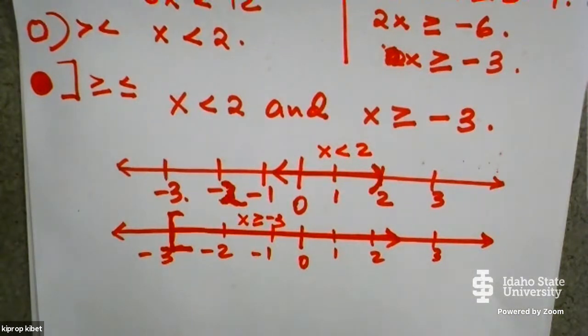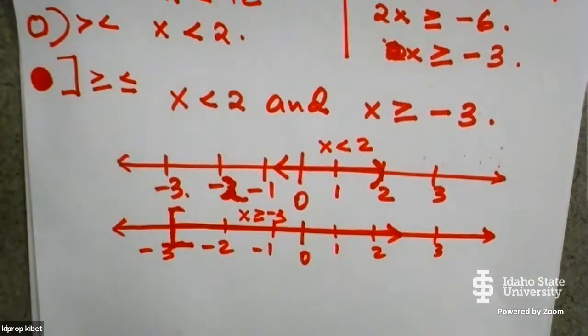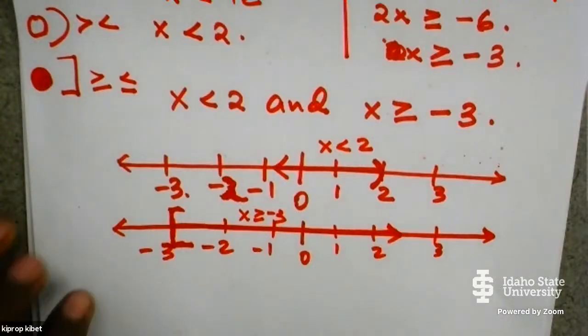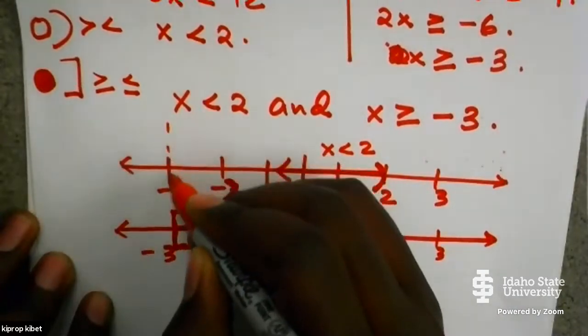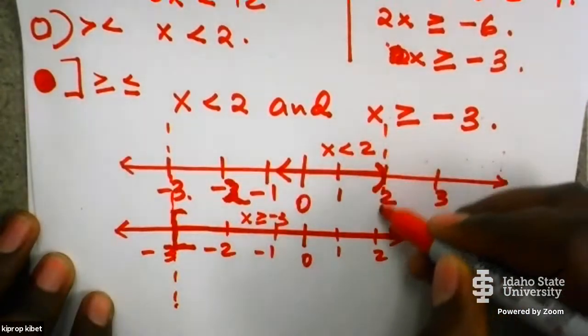Okay, now let's come to the compound inequality. Now, if it is and, they should both satisfy what? Each inequality. Yes, they should both satisfy each inequality. So if it is in this region, it should also be in that region.